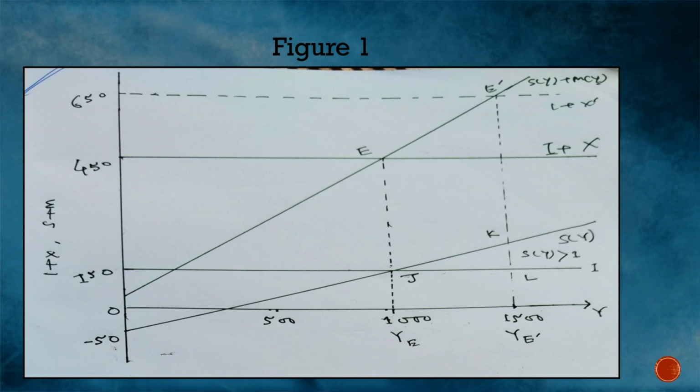We have a saving function, SY, which starts from -50 and keeps rising as income rises. You may ask, how come it starts from negative? Even if we do not have any income, you may still have to draw upon your past savings to meet the minimum expenditure.